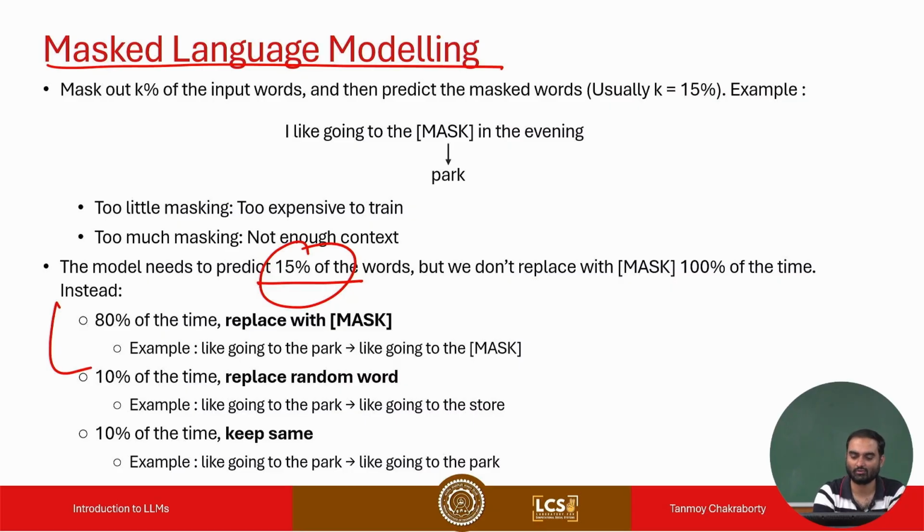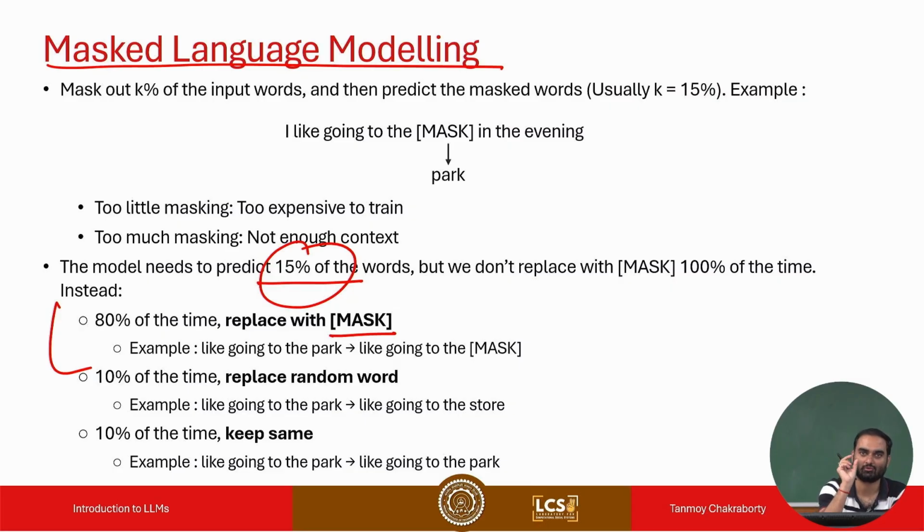What does it mean? You introduce a new token called mask. In your vocabulary, you add a new token called the mask token, and you also have its corresponding embedding coming from word2vec, for example, or some random initialization.